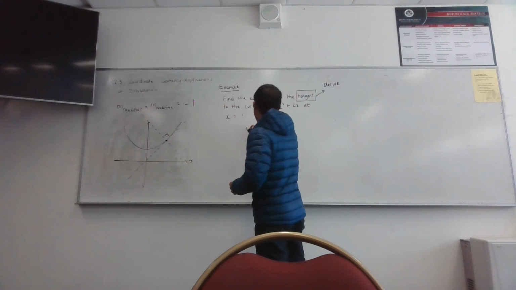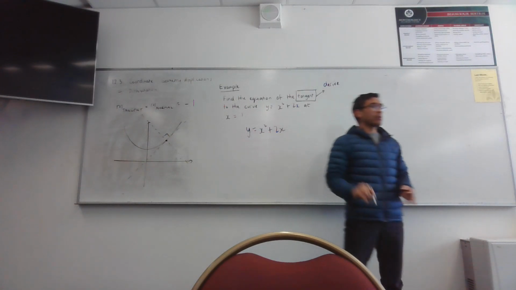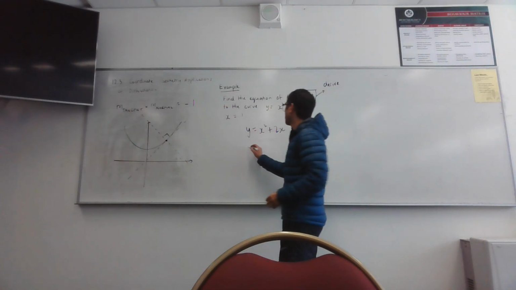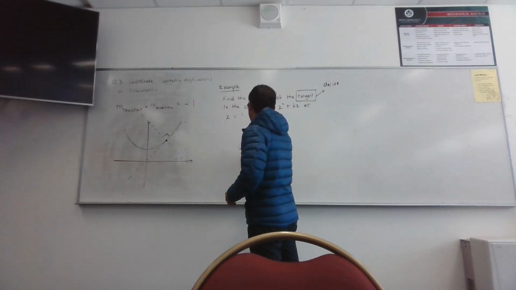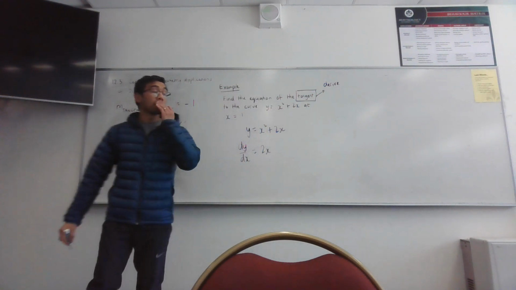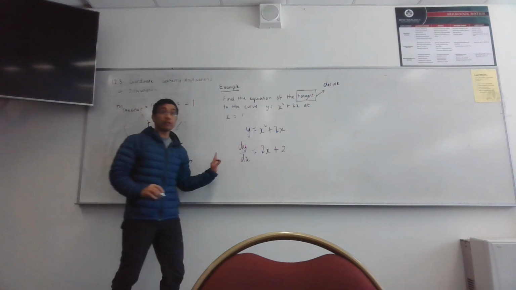So if I have y equals x squared plus 2x, my x squared turns to 2x when I derive, and with what? Plus 2. Okay, so we've got a derivative equation.